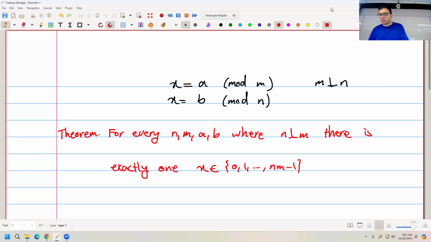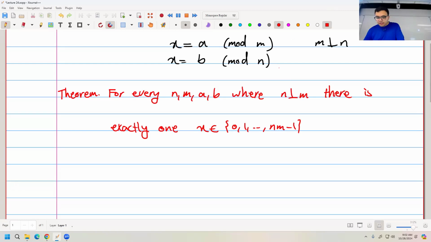So I'm doing it modulo nm, such that x satisfies these 2 requirements: x is equal to a modulo my first number, and x is equal to b modulo my second.